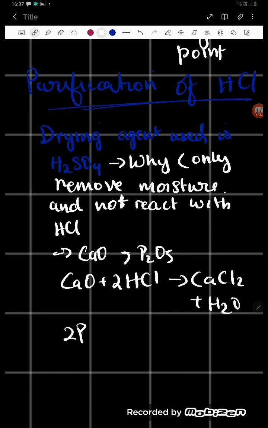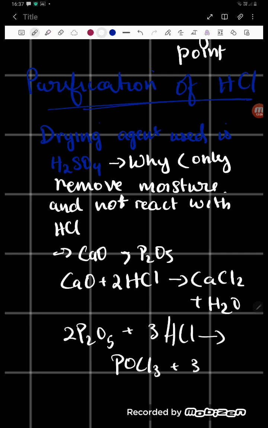And 2P2O5 plus 3HCl gives POCl3 plus 3HPO3. As you can see, they end up reacting with HCl.